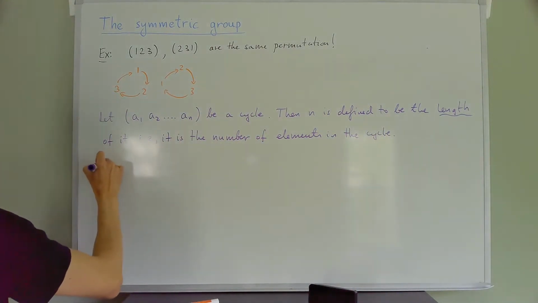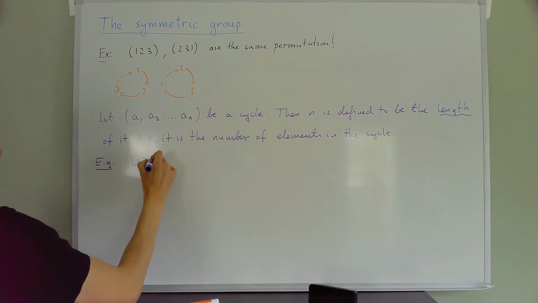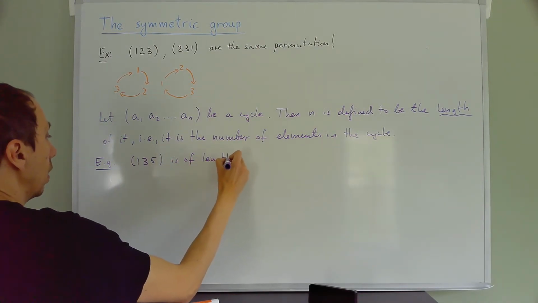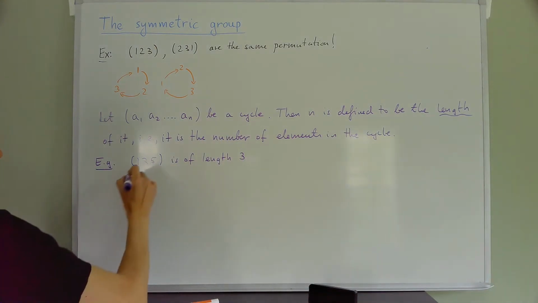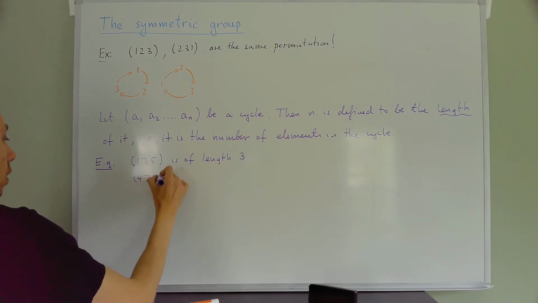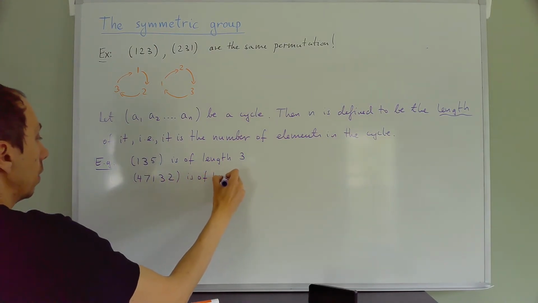So for example, (1 3 5) is of length 3, and (1 4 7 3 2) is of length 5, and so on.